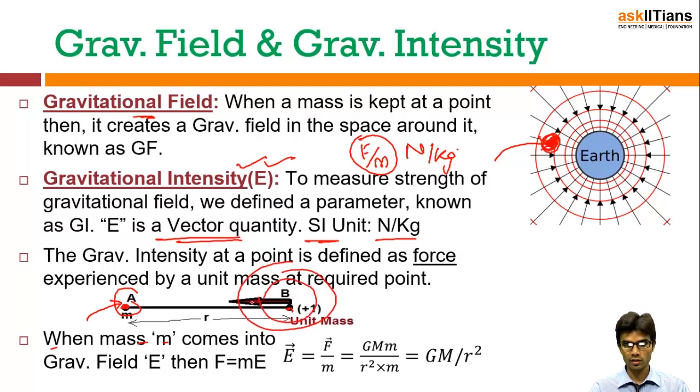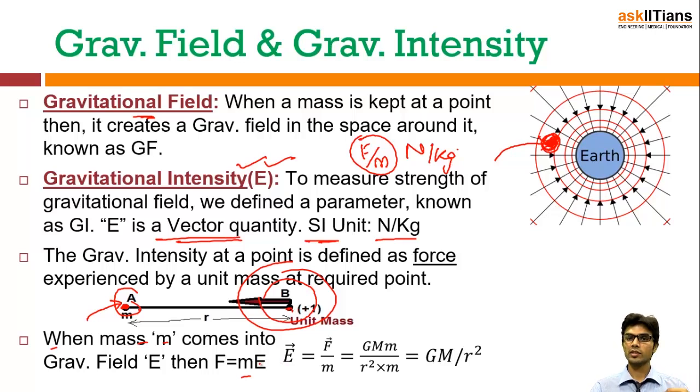It experiences a force, and the magnitude of the force is equal to mE, where m is the mass of the entering object and E is the gravitational intensity of the first mass.